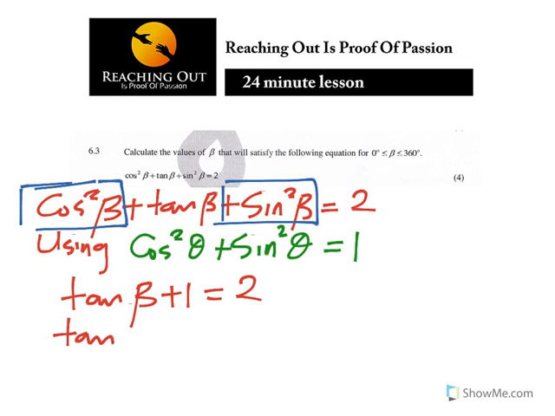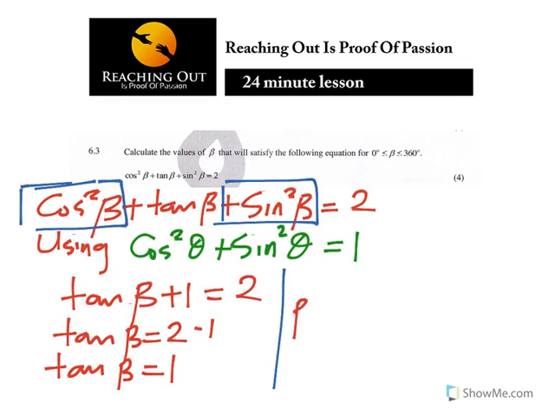So tan beta is equal to 2 minus 1, and tan beta is equal to 1. Therefore, beta is equal to arctan 1, which is equal to 45 degrees.